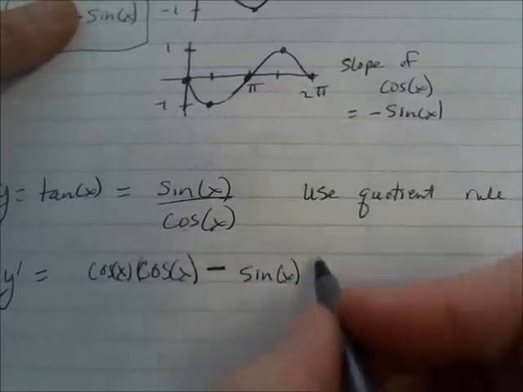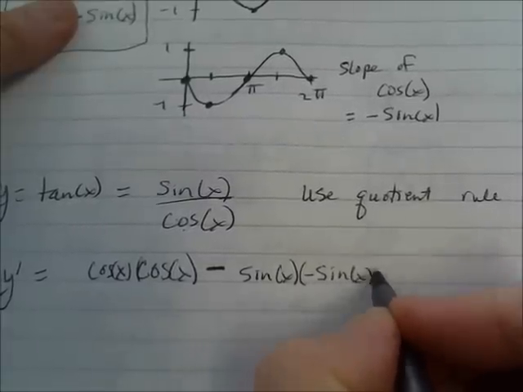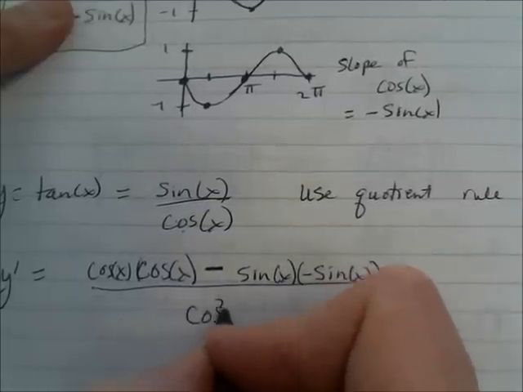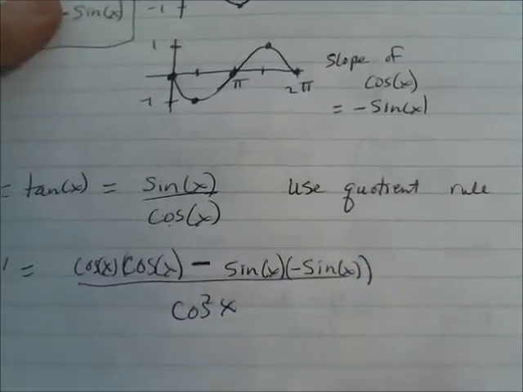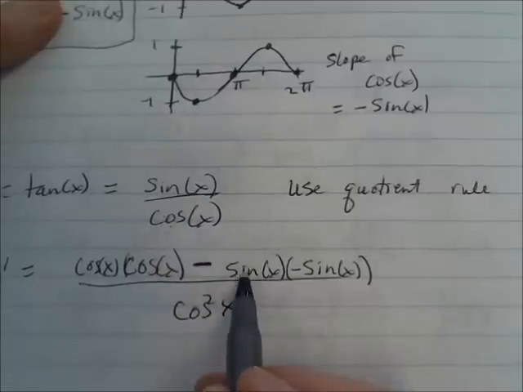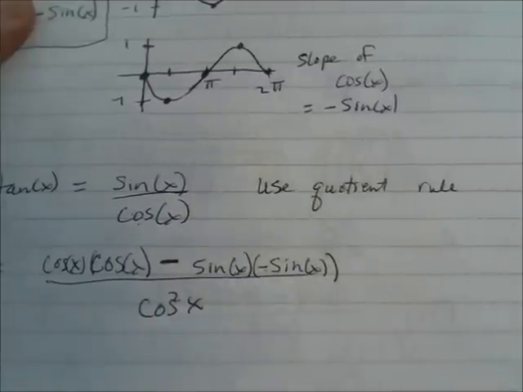Well, the derivative of cosine is equal to negative sine of x. All divided by the bottom squared, cosine squared x. Cosine times cosine is cosine squared. Sine times sine is sine squared. And negative times negative is positive.